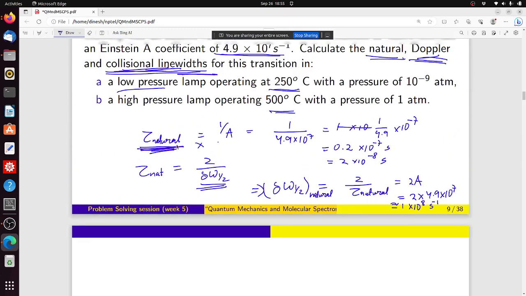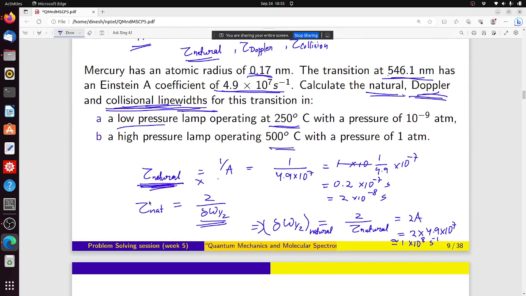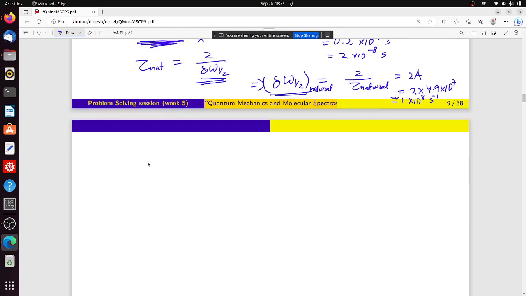Okay, so we are asked for the natural, Doppler and collisional line width. So we got the natural line width, and for the Doppler line width, in the week number 5 class, not lifetime, directly the line width formula was given.